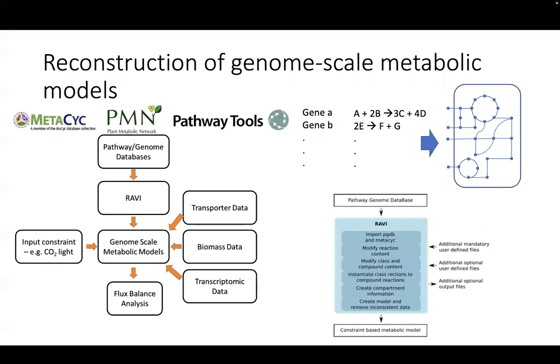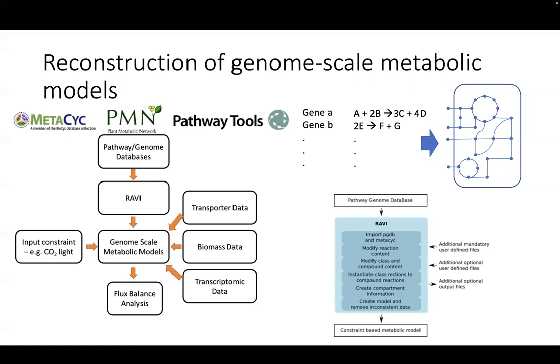And first, we are trying to reconstruct the genome-scale metabolic model of sorghum. We use the databases from MetaSeq, PlantSeq, which is also called the Plant Metabolic Network, and Pathway Tools. Those databases have the individual metabolic reactions.